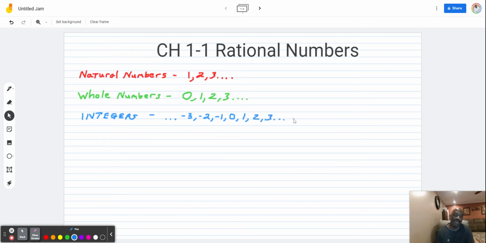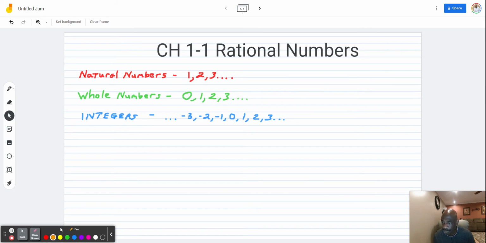So you notice what's happening here. There are numbers that come before it and after it. With natural and whole numbers, you start from 1 and go forward, or you start from 0 and you go forward. You don't go backwards to the negative side. But integers includes positive and negative whole numbers. Positive and negative whole numbers. So keep that one in mind.